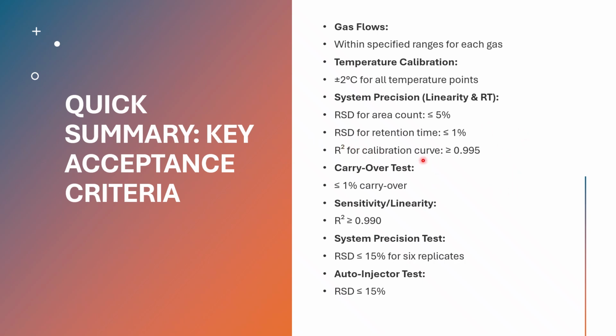And the correlation coefficient for the calibration curve should be more than or equal to 0.99. In carryover test, it should be less than or equal to 1% carryover. And in sensitivity or linearity of the GC system, it should be more than or equal to 0.99. And in system precision test of GC, the RSD should be less than or equal to 15% of 6 replicates. And for the auto-injector test, the RSD should be less than or equal to 15%.